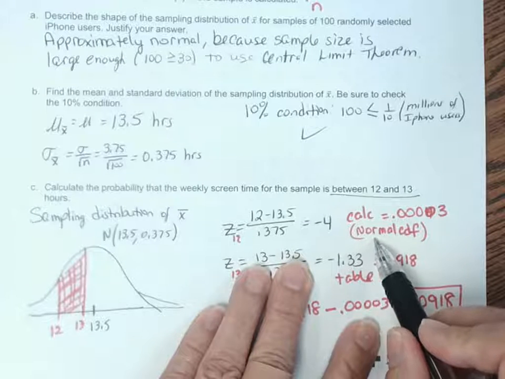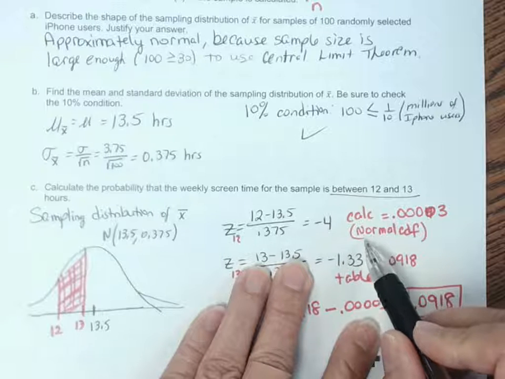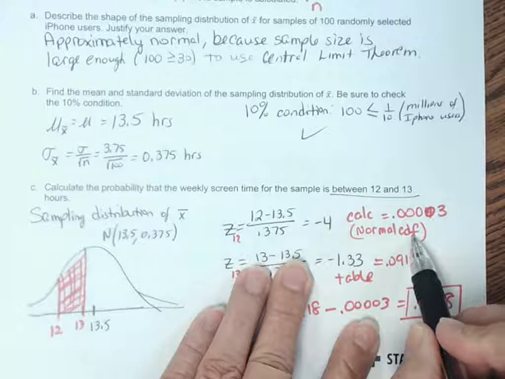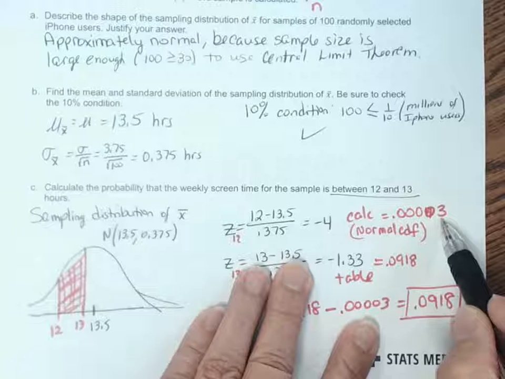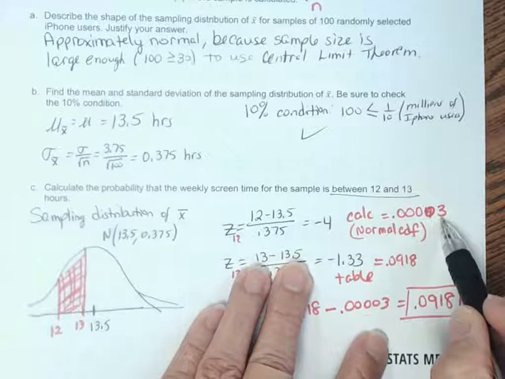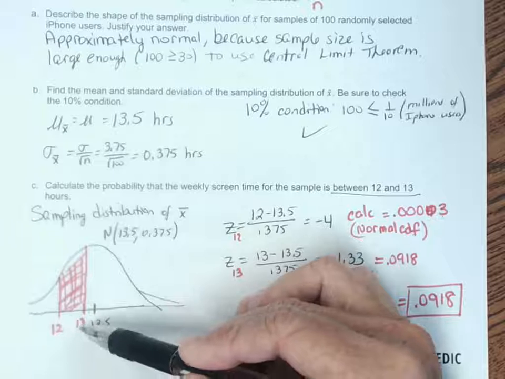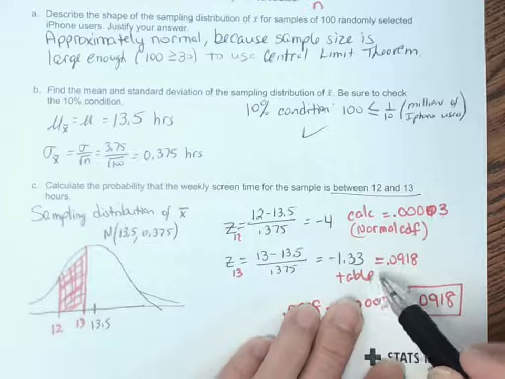And the command on here is I'm going to go into my distribution menu and choose normal CDF. Put in the different values, and I get a value of 0.0003. So tiny, tiny thing. I then calculate the z-score when x bar was 13, put in my values, and I get a z-score of -1.33.